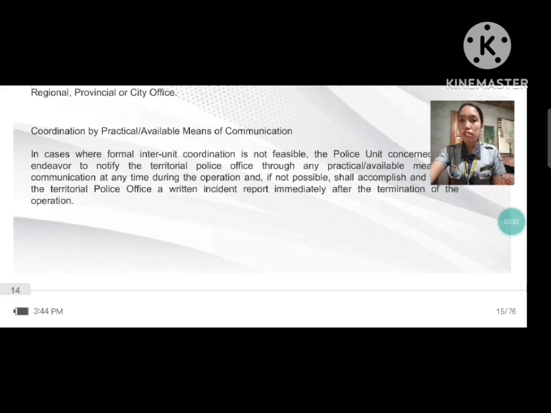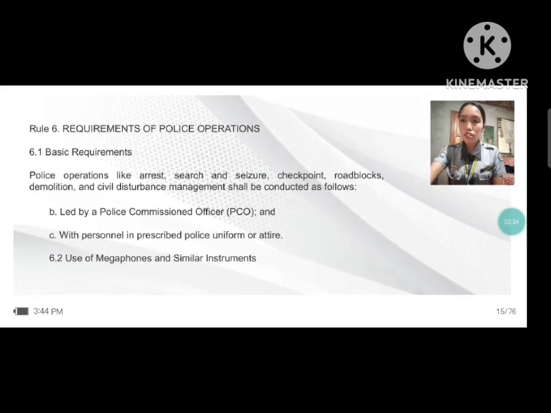So let's go to Rule 6. Requirements of police operations. Now let's move on to Rule 6, which explains the requirements during police operations such as arrests, search and seizures, checkpoints, or roadblocks.